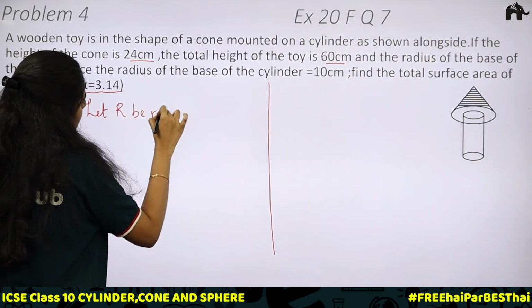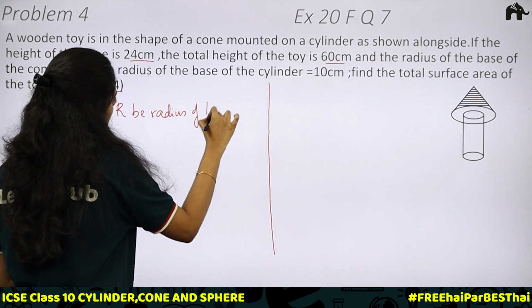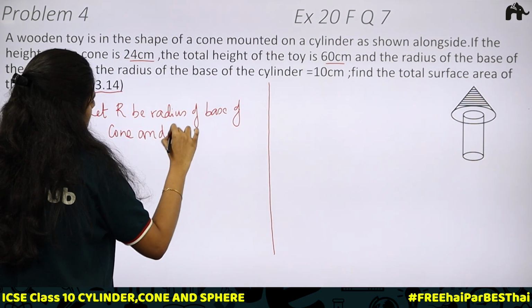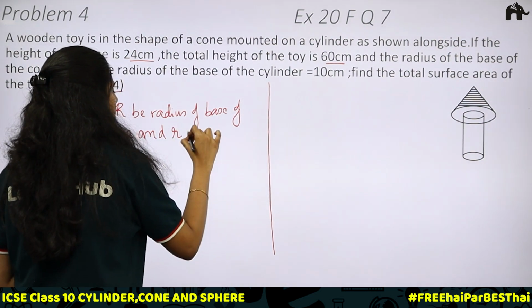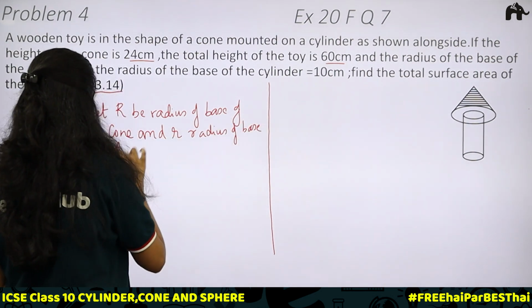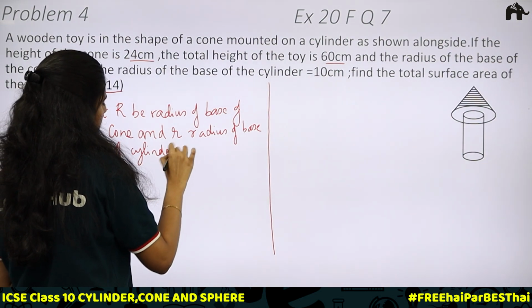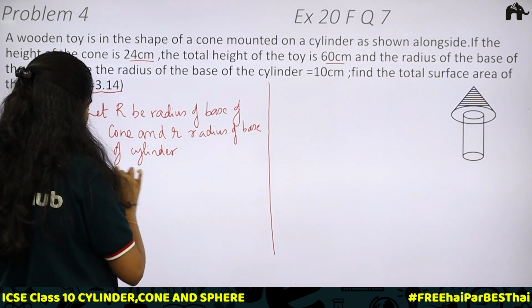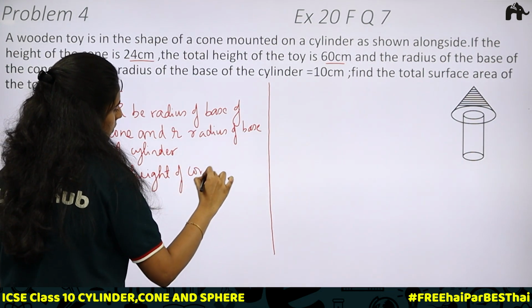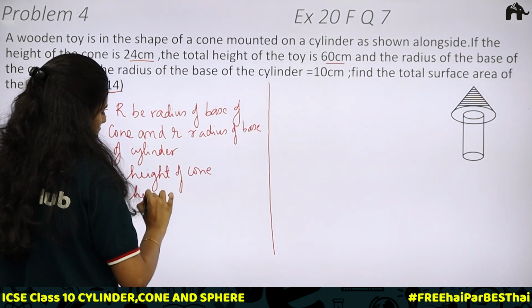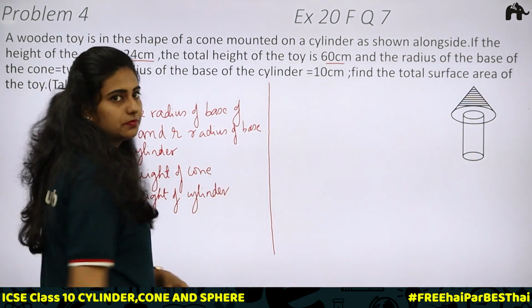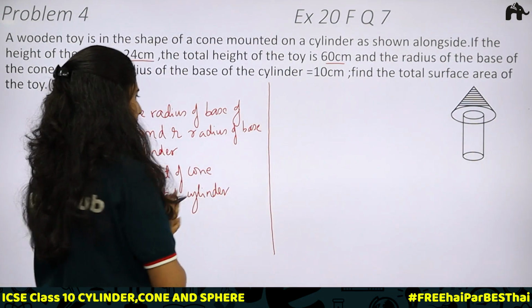We'll take capital H as the height of cone and small h the height of cylinder. Here we need to find the total surface area.